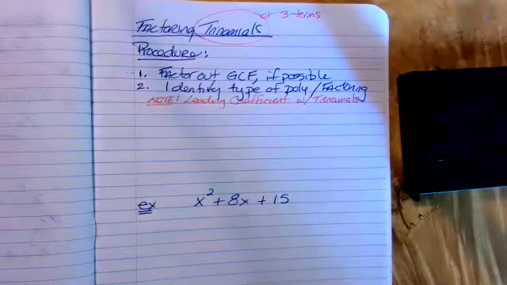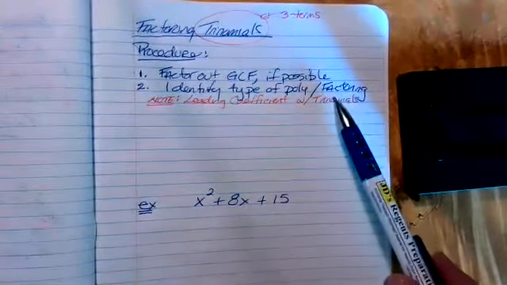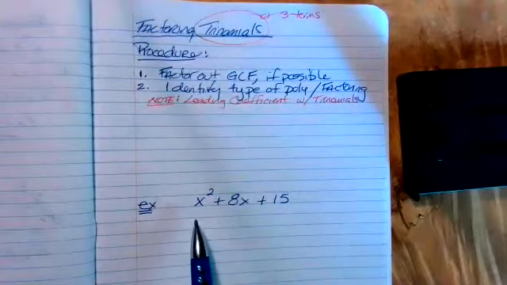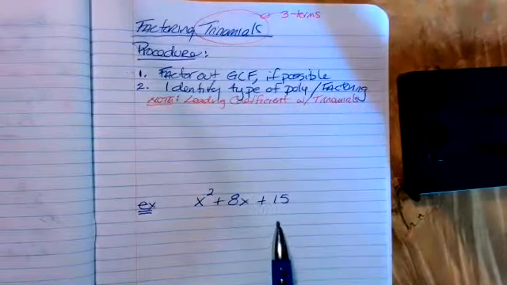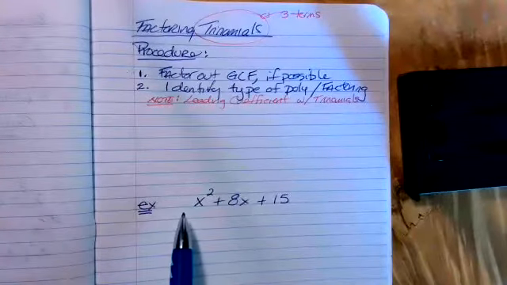We want to identify the type of polynomial or the type of method we're going to use for factoring. This is a 3-term polynomial, and my leading coefficient is 1.